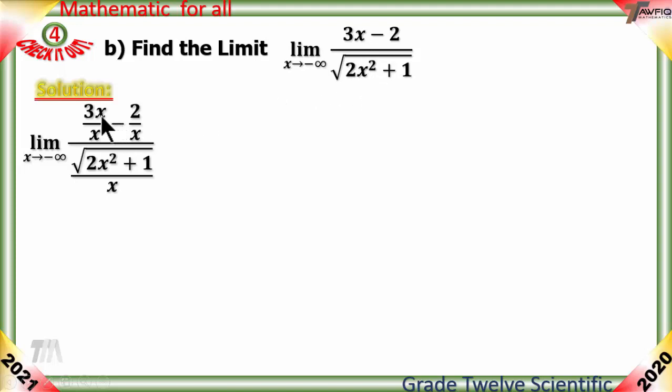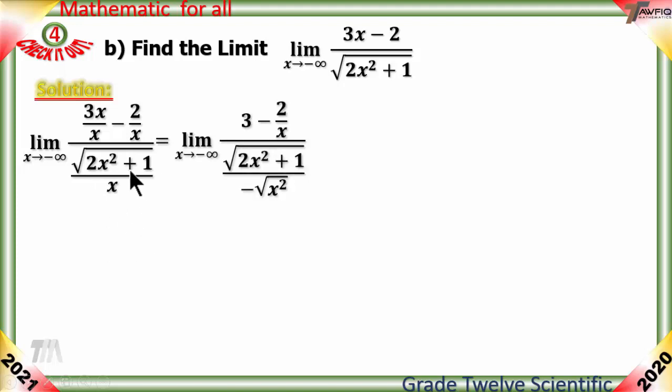It becomes 3x over x minus 2 over x and the square root of 2x squared plus 1 over x. And now changing this x to the minus square root of x squared, because x here is negative, so this one must be negative.